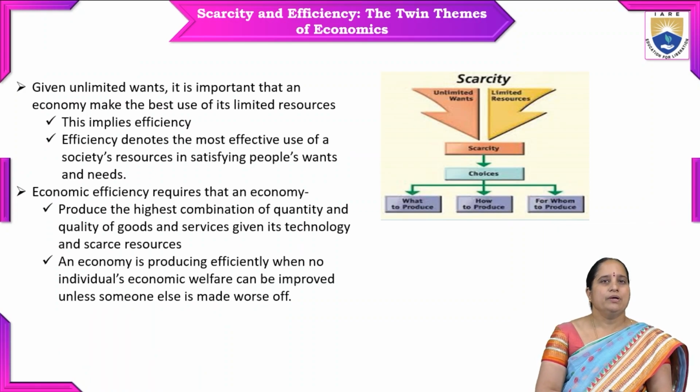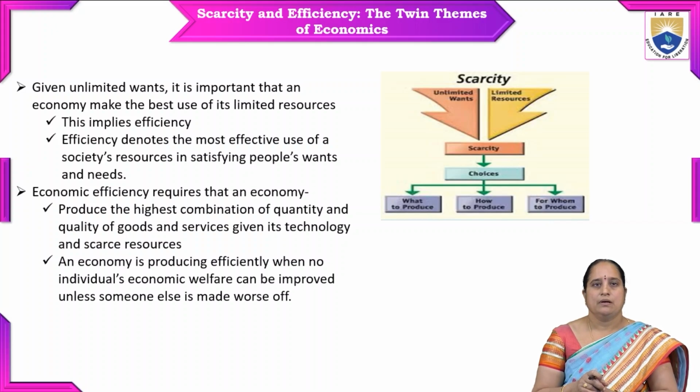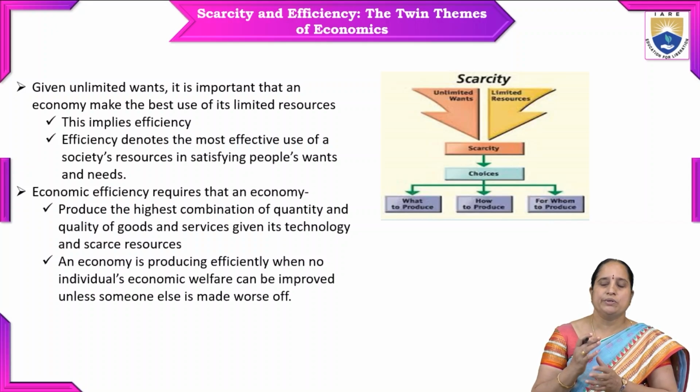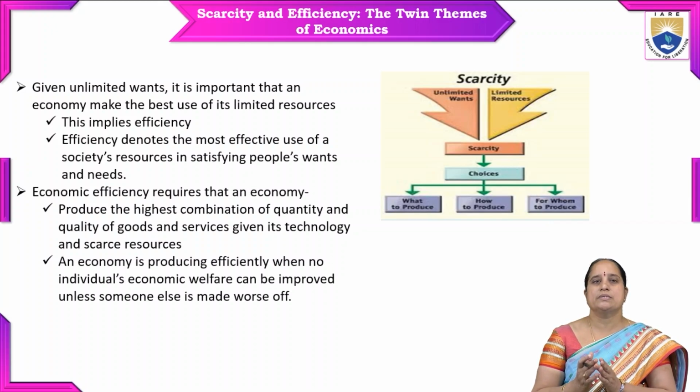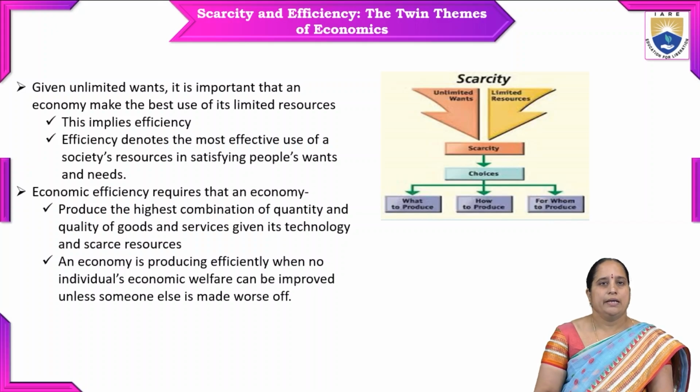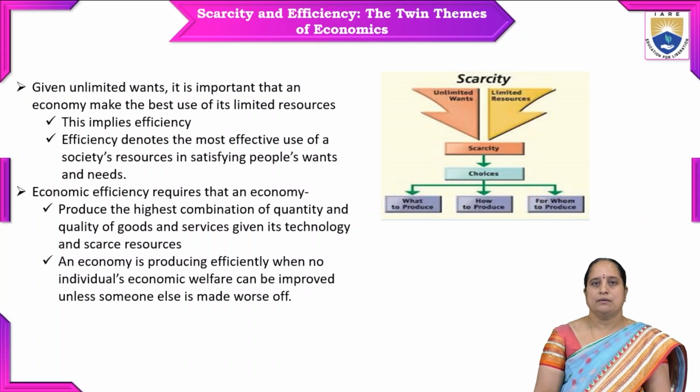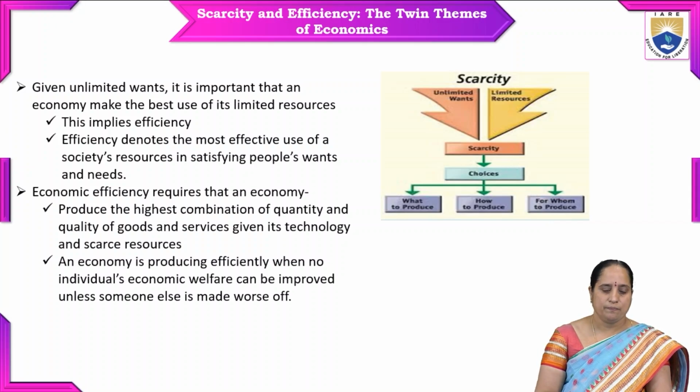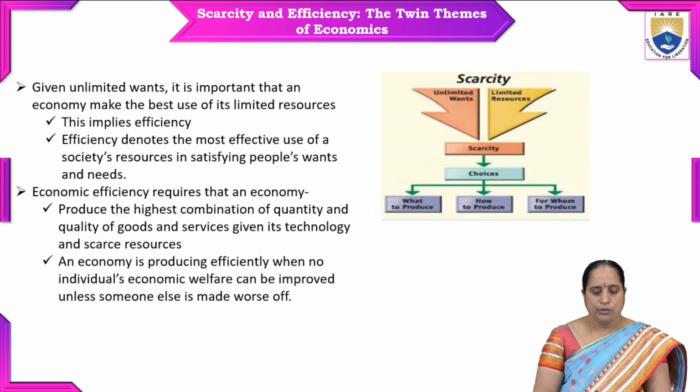But given unlimited wants, it is important that an economy makes the best use of its limited resources. This implies efficiency, and efficiency denotes the most effective way we can utilize society's resources to satisfy people's wants and needs. Economic efficiency requires that an economy produce the highest combination of quantity and quality of goods and services given its technology and scarce resources.